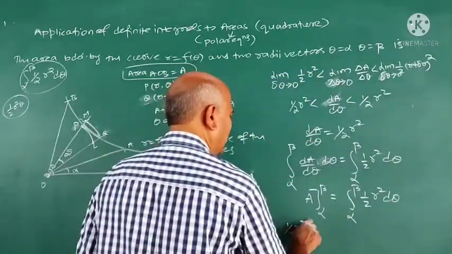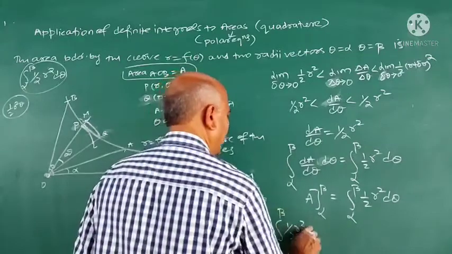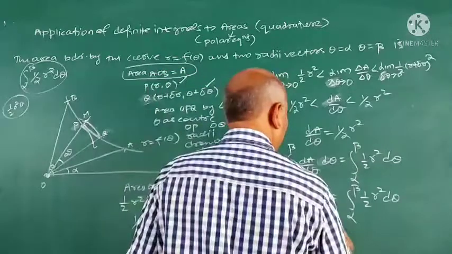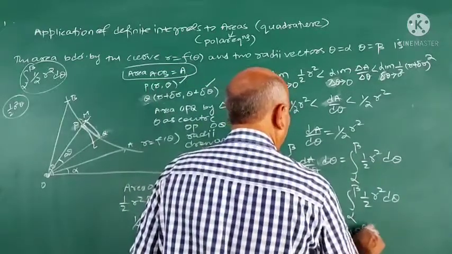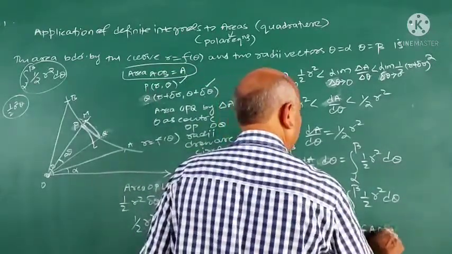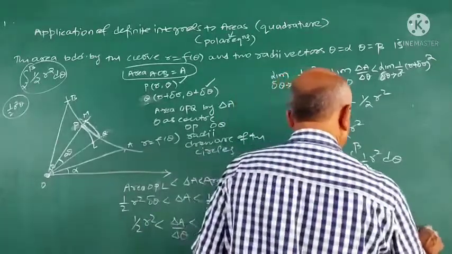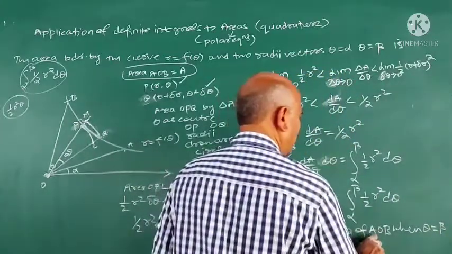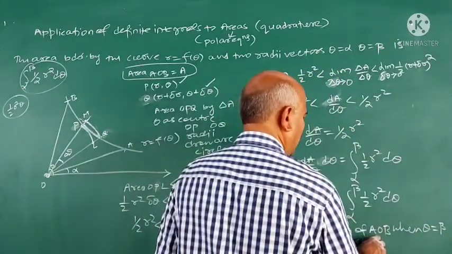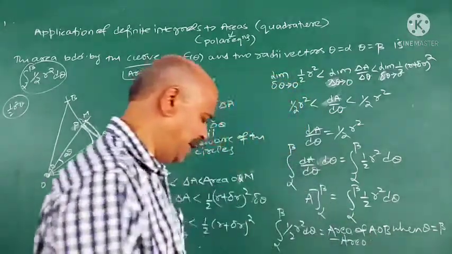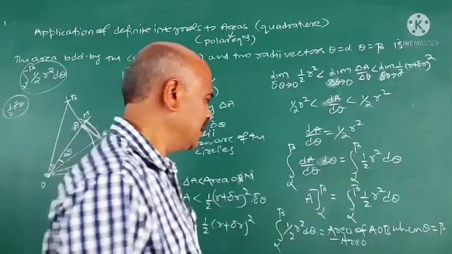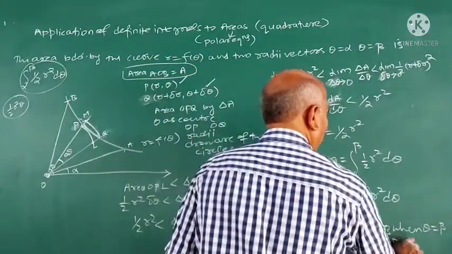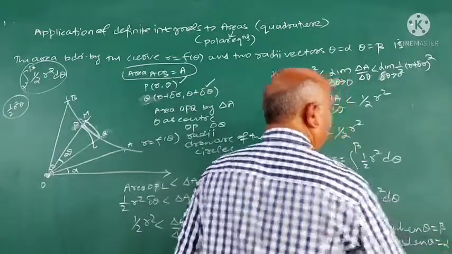Therefore, the integral of half r square d theta from alpha to beta is A. A means area of sector AOB when theta is equal to beta minus area of AOB when theta is equal to alpha.